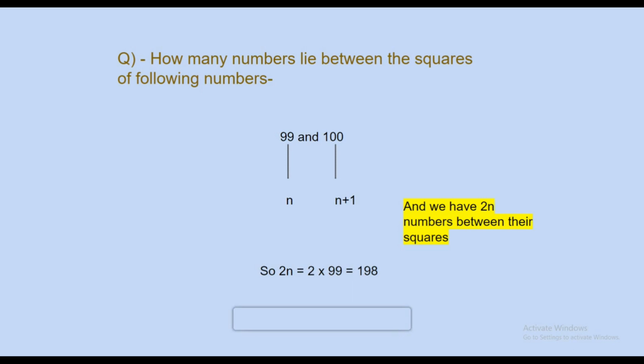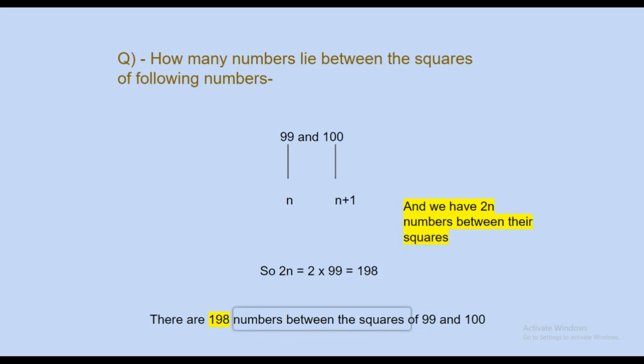So 2n is equal to 2 multiplied by 99, that is equal to 198. This implies that there are 198 numbers between the squares of 99 and 100.